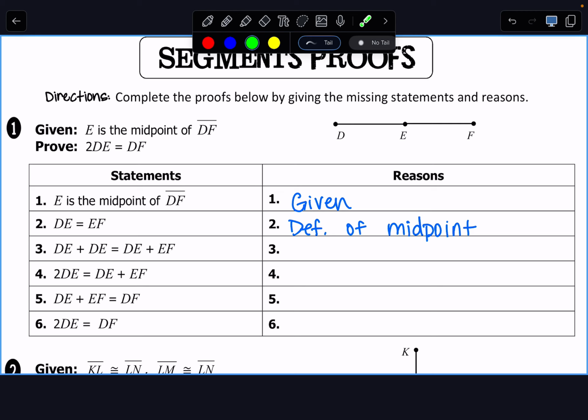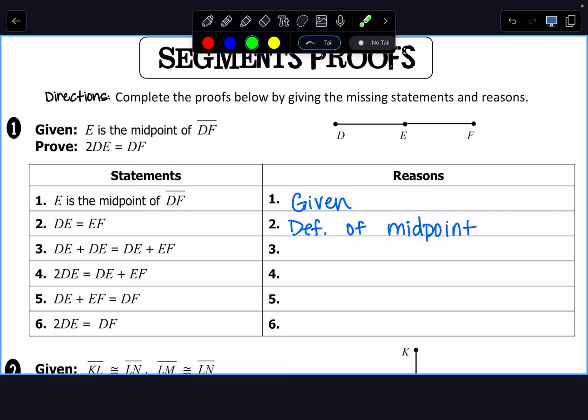Notice how our very last step matches what we're trying to prove. Well, I think some of you are looking ahead, right? So we're going to have to do something to where we get 2 DEs.